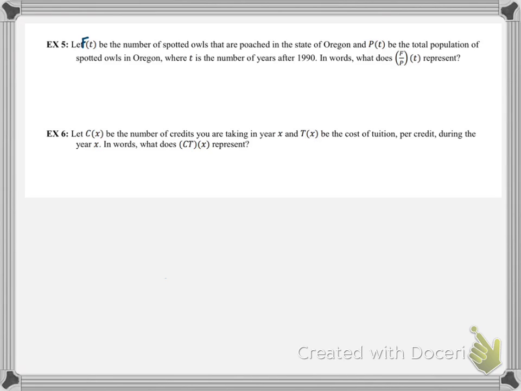Okay, so let's talk interpretation. There's a little typo in example 5 that should say let f of t. I covered up my t, but this should be f of t.